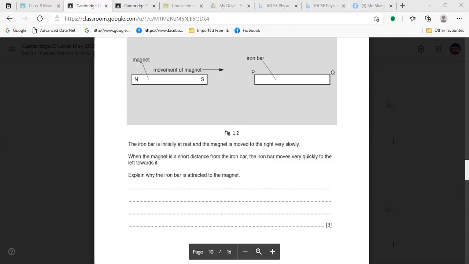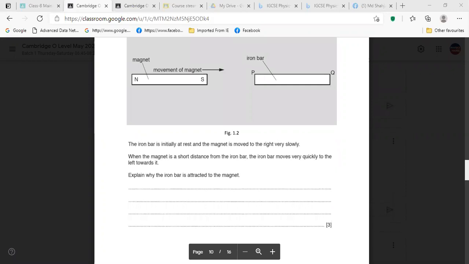Okay. So what you said, it gets magnetized, right? If the iron bar is brought closer to the magnet, it gets magnetized. If something is getting magnetized, that means it's also behaving like a magnet.